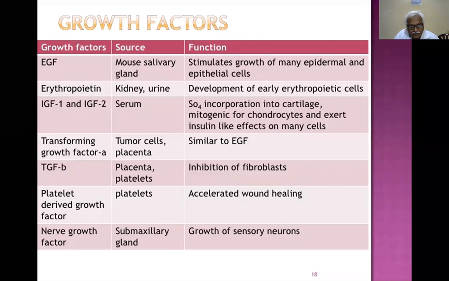Nerve growth factor is another thing. Submaxillary gland gives growth of sensory neurons.